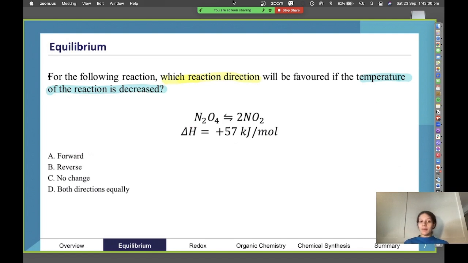If you want to think about the actual equation that we've been given, we want to try and figure out what's happening with our temperature here. It's really important that they have given us the delta H value, because that's going to give us important information about what kind of reaction we have. Because this value is positive, that means we have got an endothermic reaction.